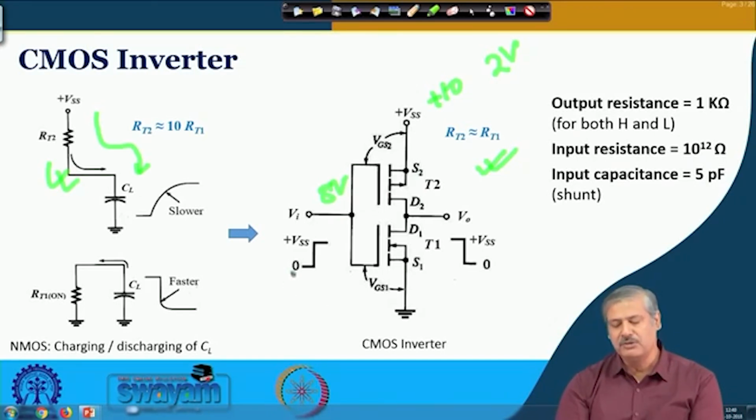So, when the input is low, which is of course much less than this 8 volt, a channel is formed, so PMOS is on, and since it is less than 2 volt, the NMOS will be off.